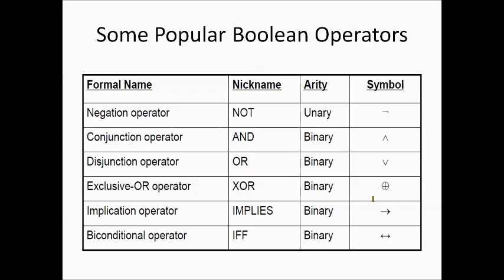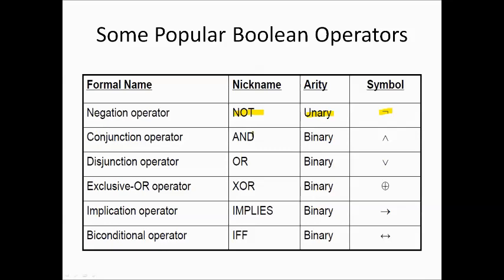So to summarize, class, some popular Boolean operators. We have the negation operator here. The nickname is not. By the way, the negation operator arity is unary, meaning to say single or one component only. And this one is the symbol for the negation or not.